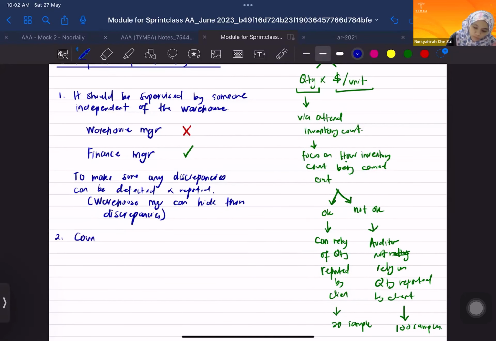Okay, next. Counters should be in pairs. One counter, the job scope is that the first person counts and the second person checks. So one counter, one checker.